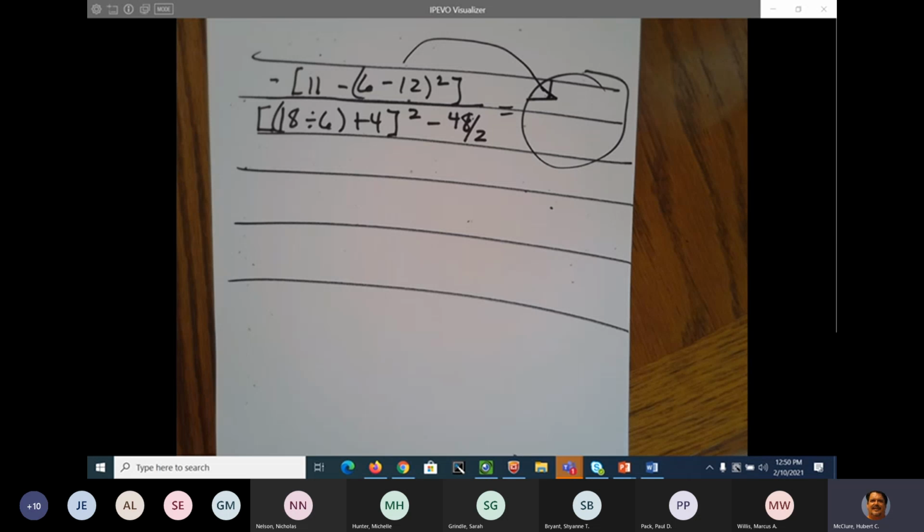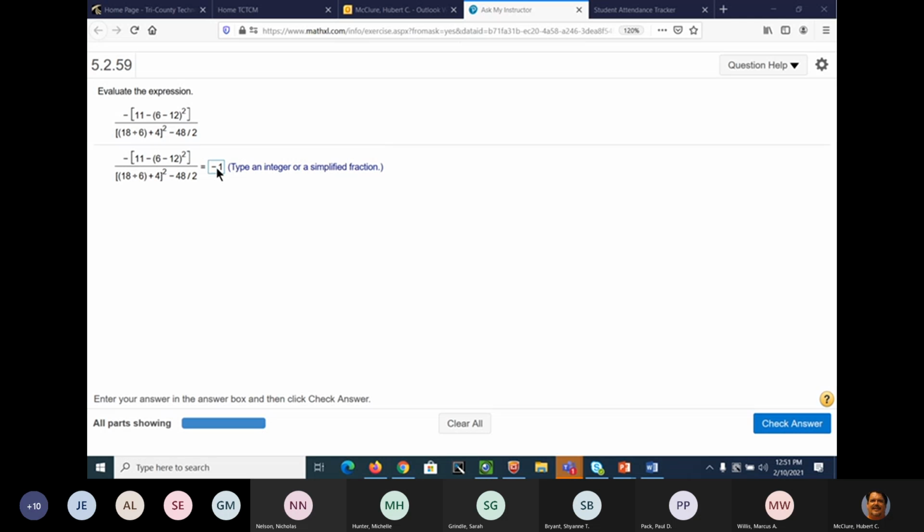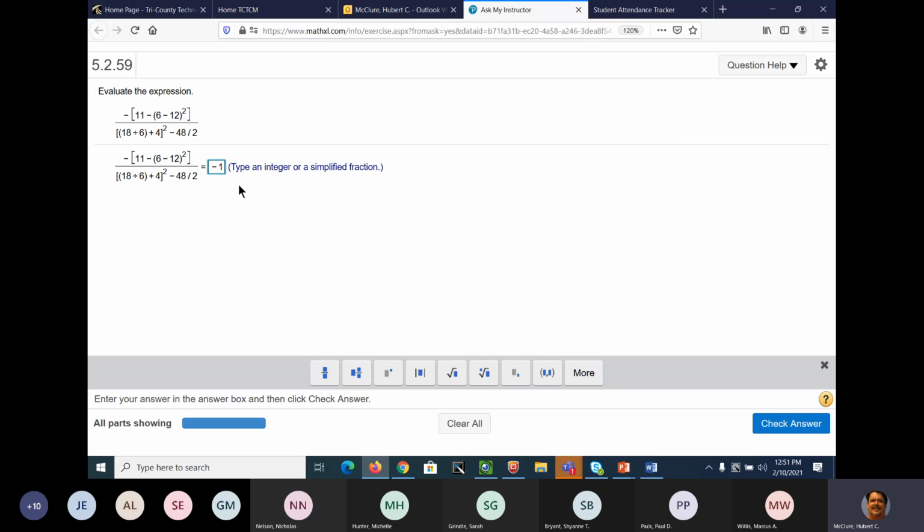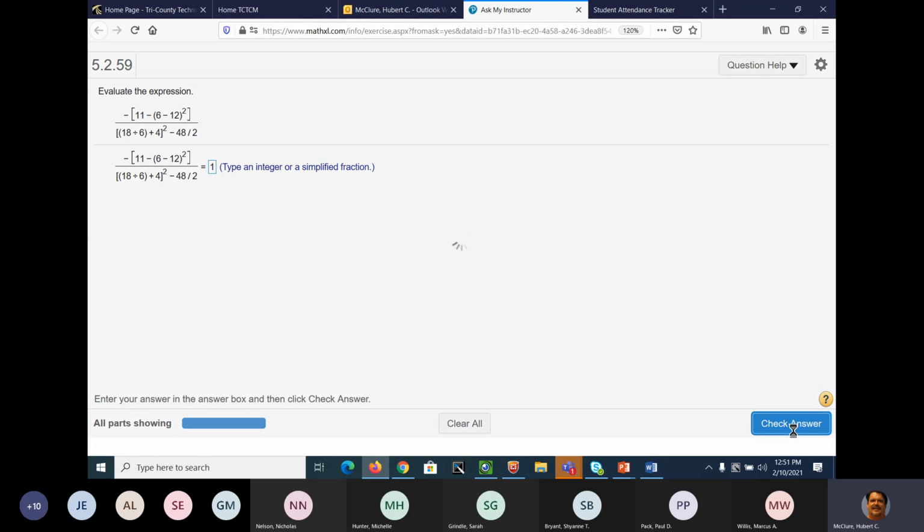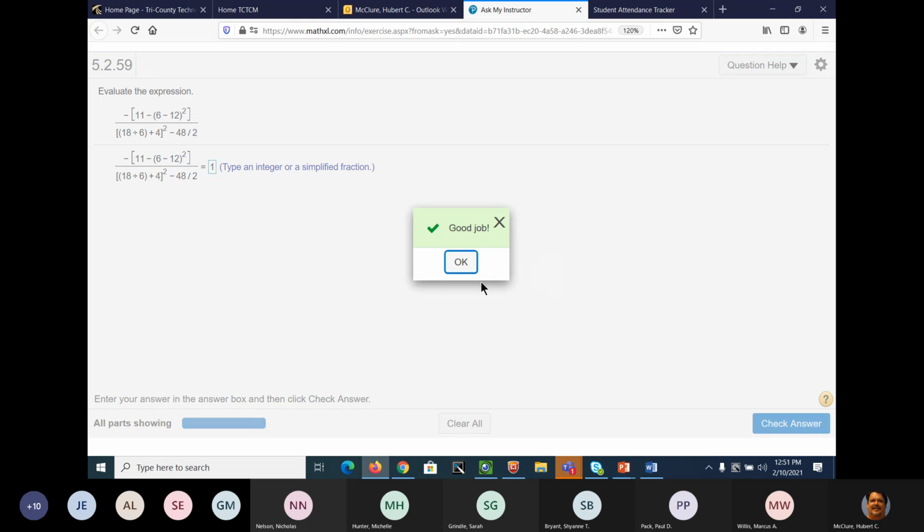Let's do another one. Let's see if that answer is correct. Well, I give you kudos, whoever did the problem, they got at least the coefficient correct. They just got the sign wrong.